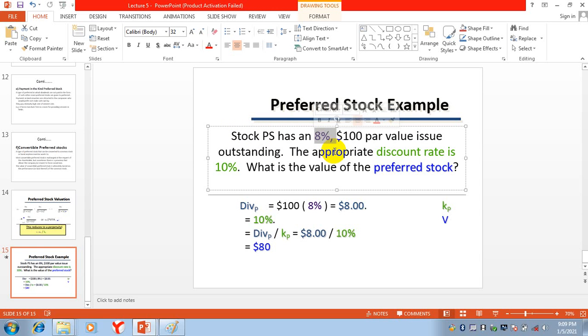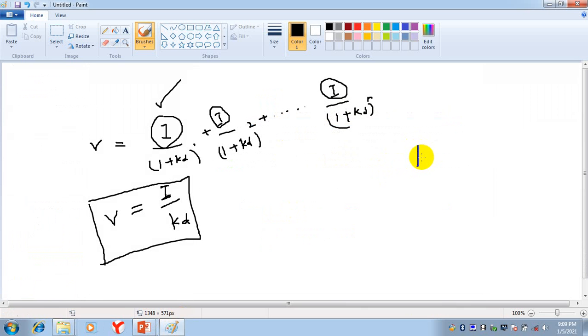In the case of bonds, 1000 is the face value, 8% is the interest, and maturity is 5 years.